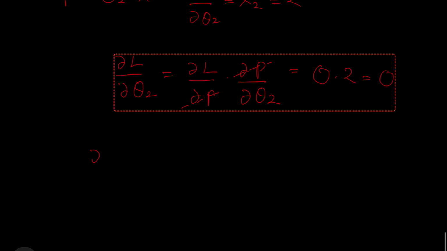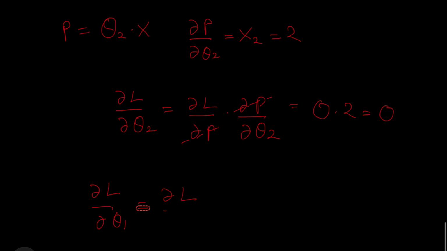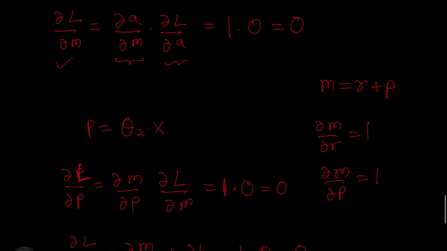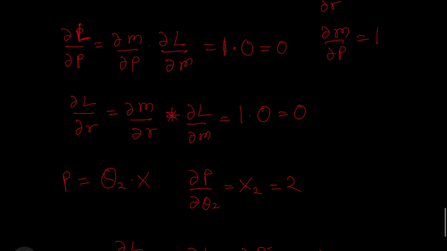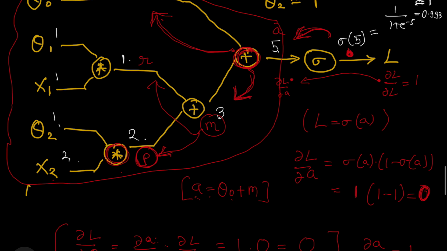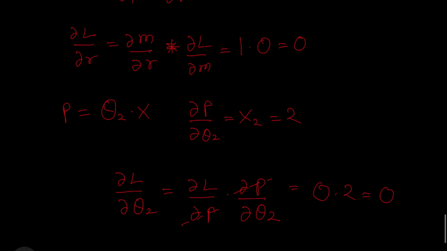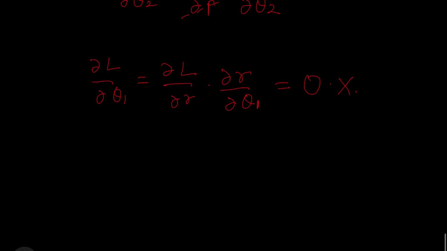The same logic, that is del L over del theta 1 would be del L over del R times del R over del theta 1, right? What is del L over del R? Del L over del R is 0, and what is R? R is nothing but theta 1 times x, and del R over del theta 1 is x1, so this would be again 0 times x1, hence 0. That means the gradient in this case towards every value is 0.